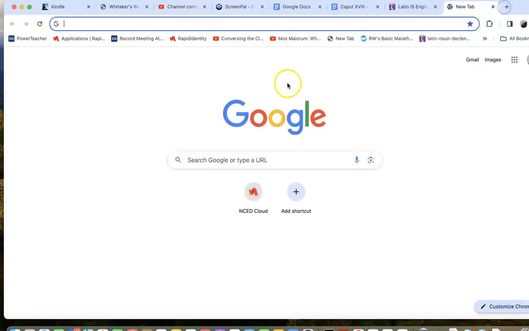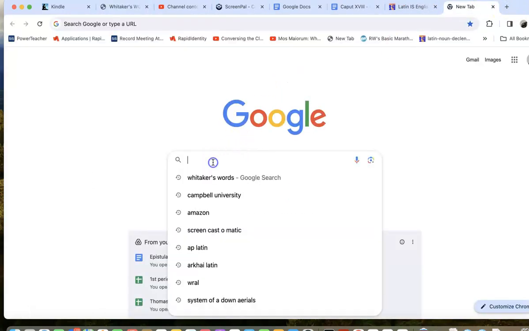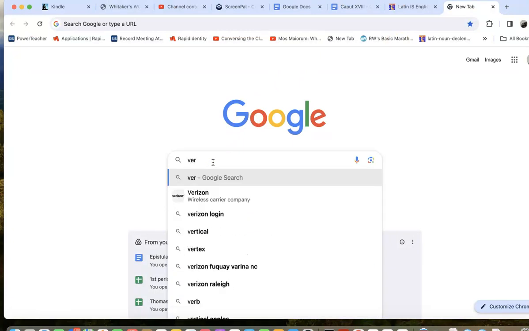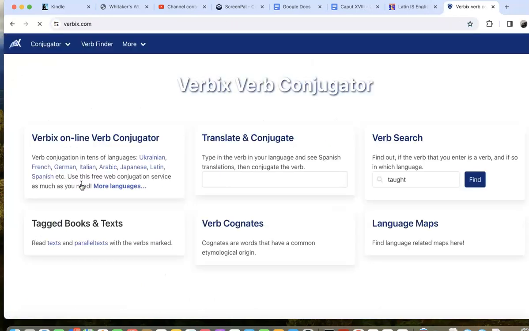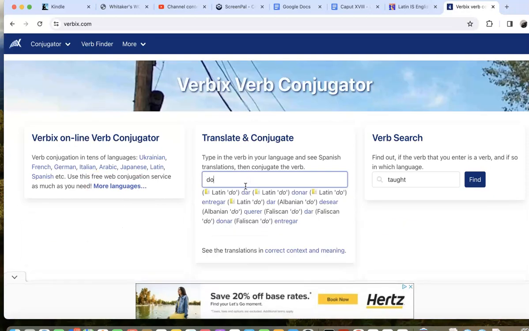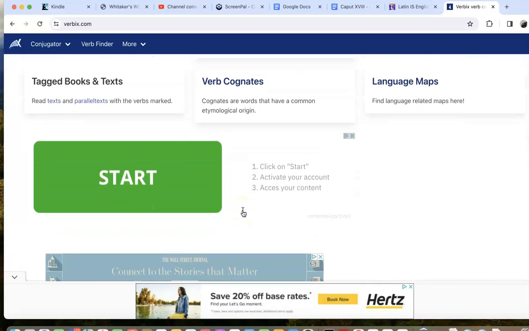For you grammar nerds out there, again, this is something that is a little bit tricky to do in this online format. Let's see, do they give us that here?